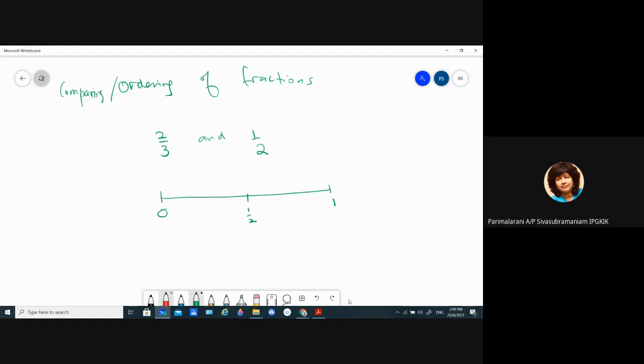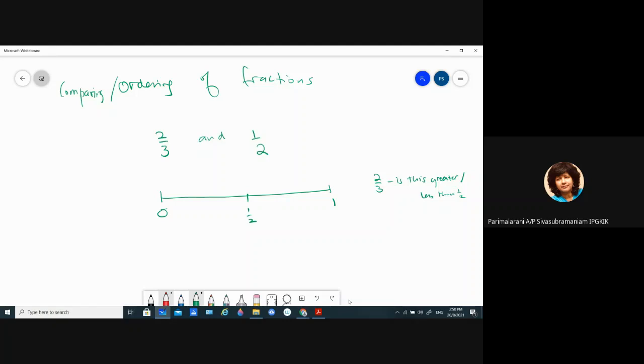You need to mark all these: 0, 1, and half. So 2/3, is this greater than half or less than half? The question that you must ask is, is it greater or less than half?